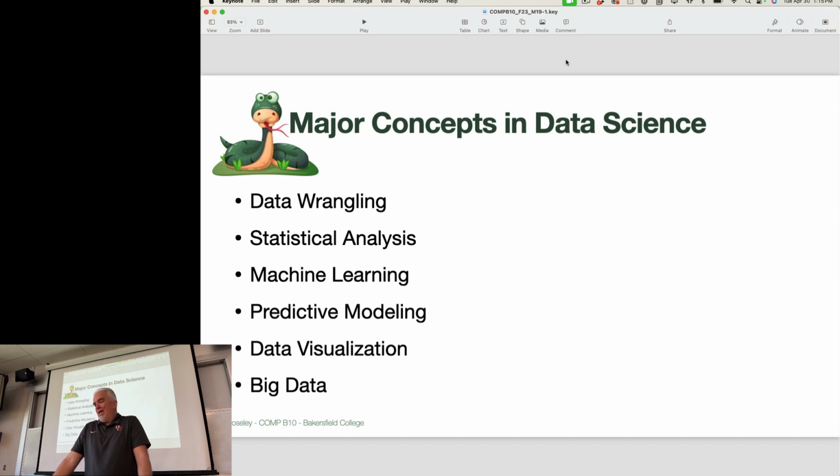But if we can make sense of that world using that data in some way, then that's sort of what data science is all about. It's taking that big data, taking that million lines of data and saying, what are the odds? What are the odds that something will happen or won't happen? Or what are the odds that if I show you this picture, you're going to click on it and buy that thing, right? So big data.